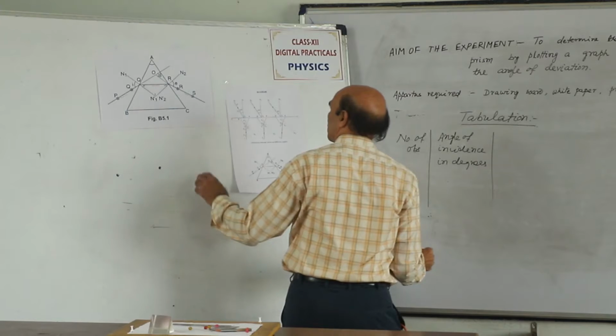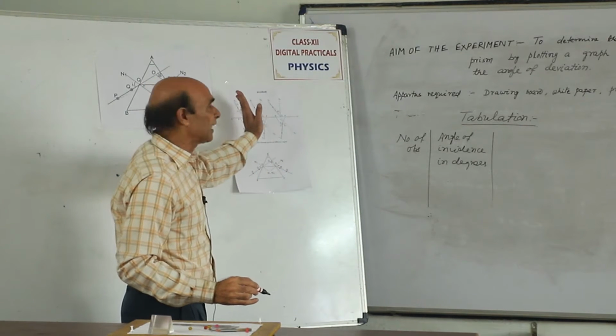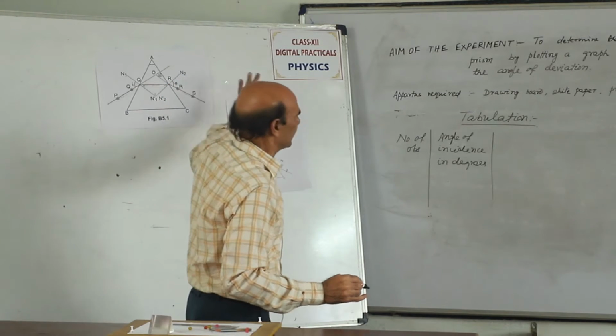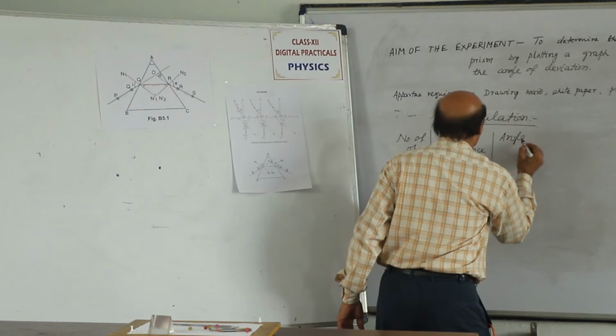You should always remember that the angle of incidence is the angle between the incident ray and the normal to the surface. Normal to the surface. That's why it is angle i. Angle of incidence, then angle of deviation.